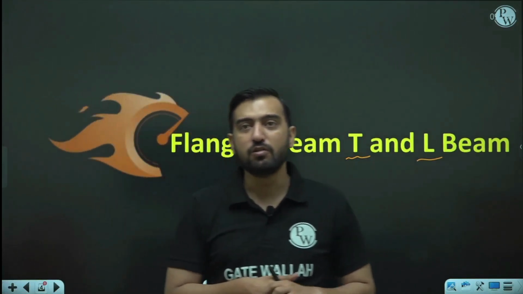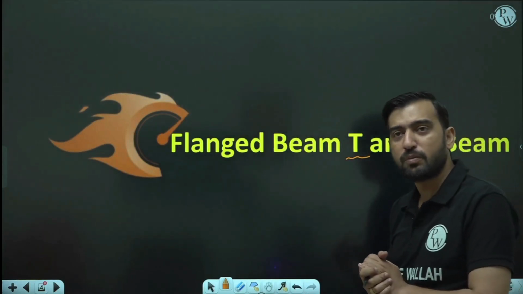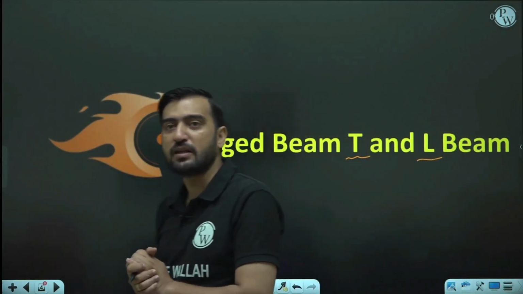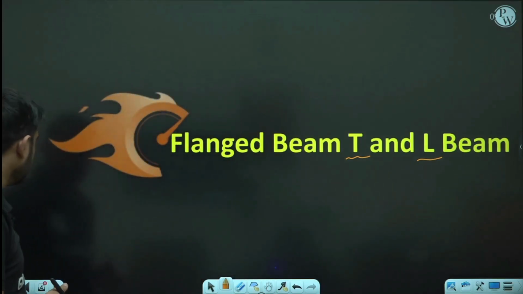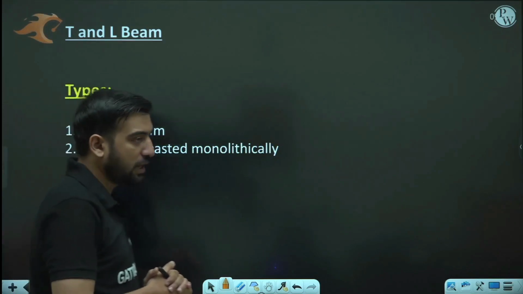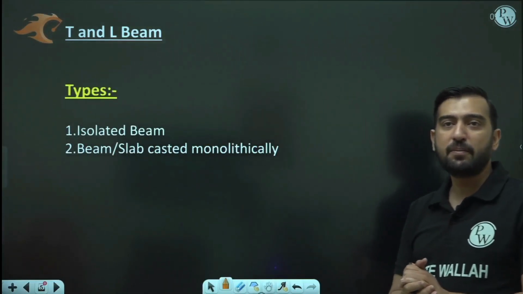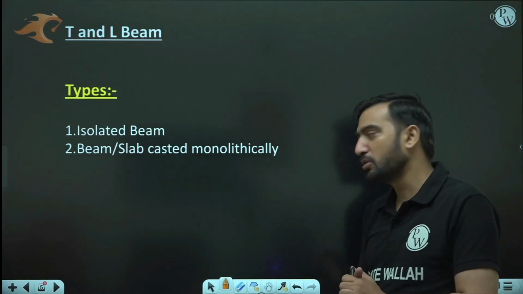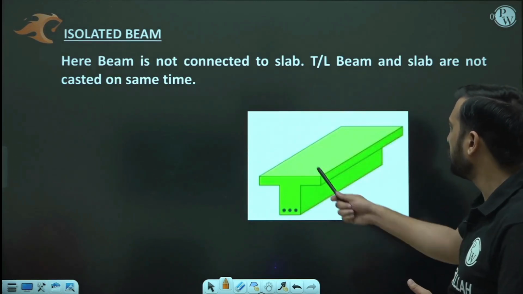We have some rules, some IS code provisions, for how we can calculate the exact width of the flange. So there are 2 types of flanged beam: isolated beam, as well as slab and beam casted monolithically.